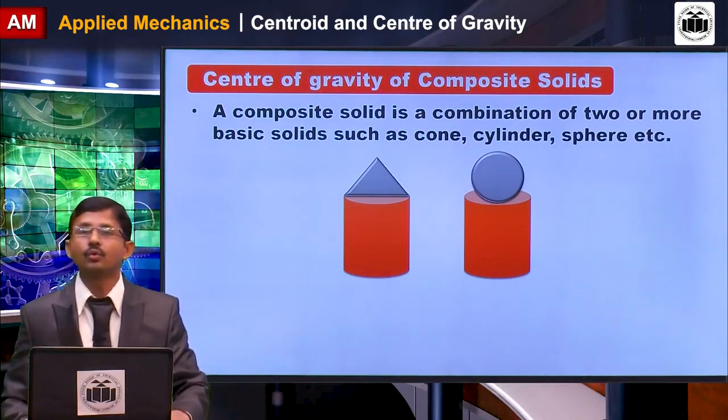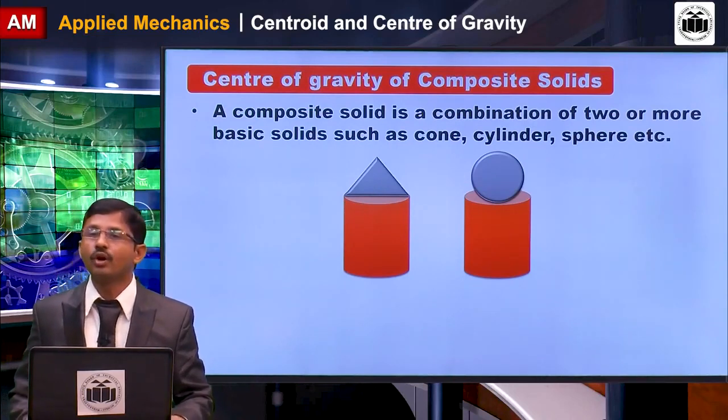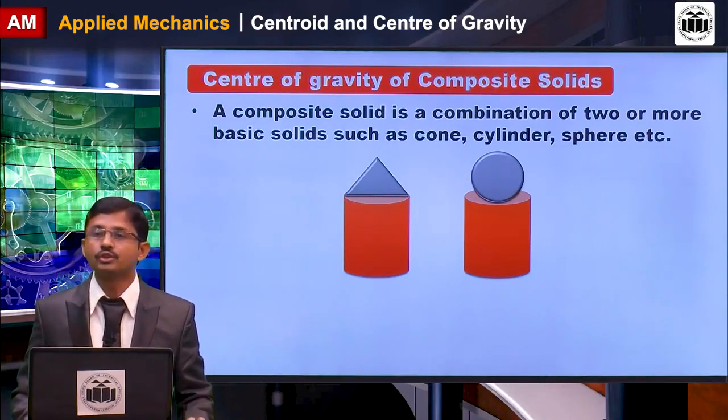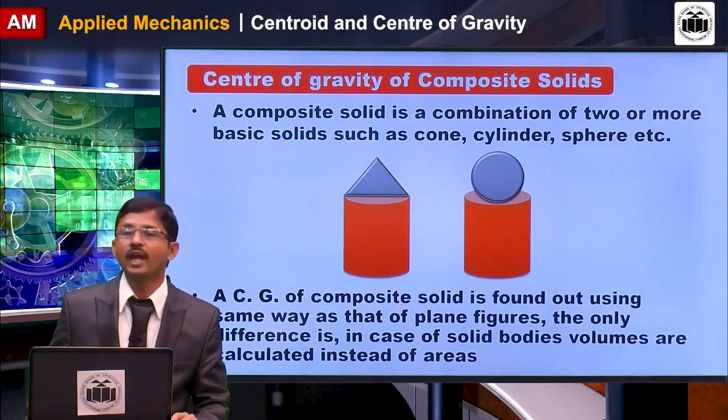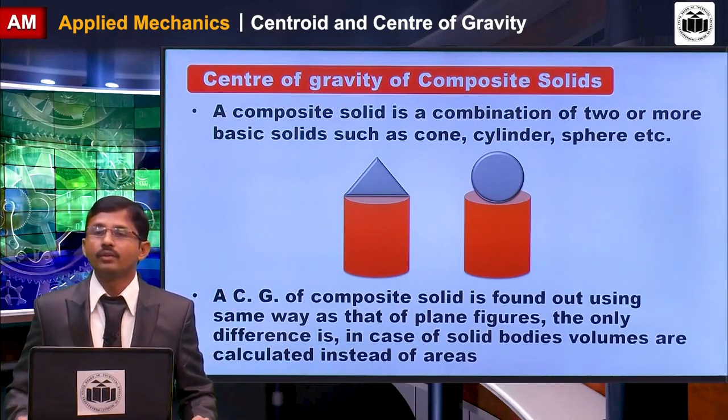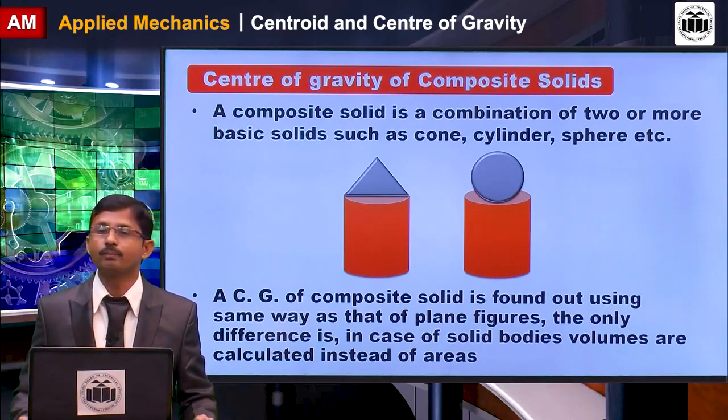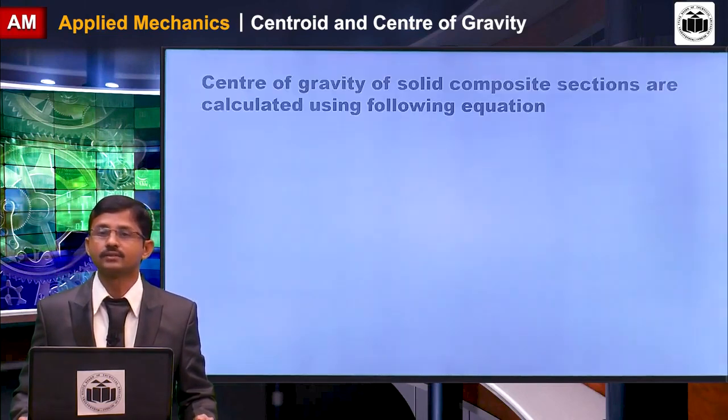You have to calculate the center of gravity for these types of composite solids. The center of gravity of composite solids is found out in the same way as that of plane figures. The only difference is in case of solid bodies, volumes are calculated instead of areas.